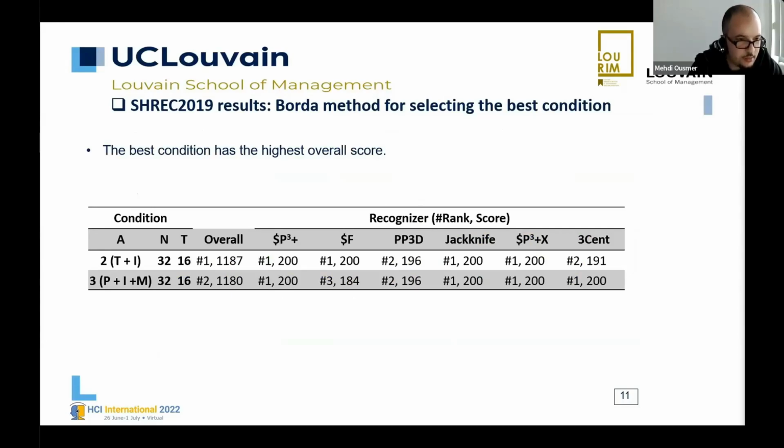Each combination of conditions is assigned a score or a rank to select the best condition using the Borda method. The best condition here has the highest overall score and has a high recognition rate for many recognizers.